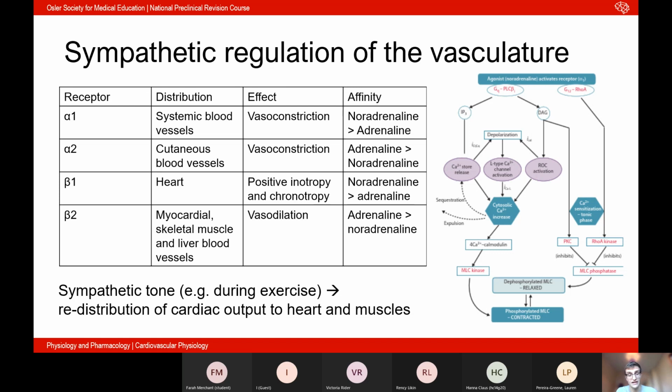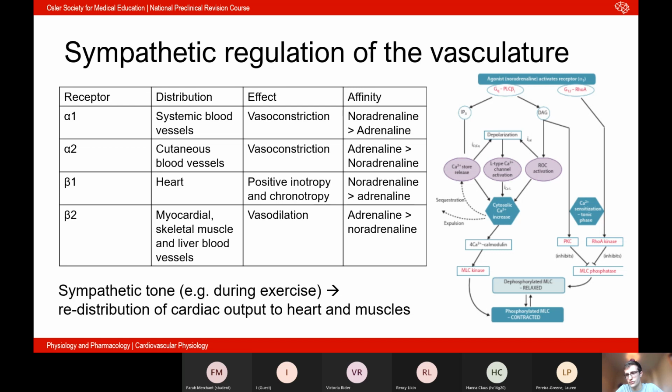Well, we have some familiar faces. It's all pretty much to do with the sympathetic nervous system. So we have alpha-1 receptors, which are really, really important. They are the predominant receptors mediating vasoconstriction, and they're found on most arteries in the circulation.